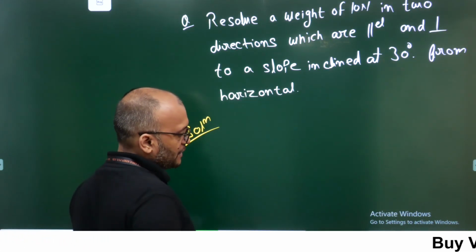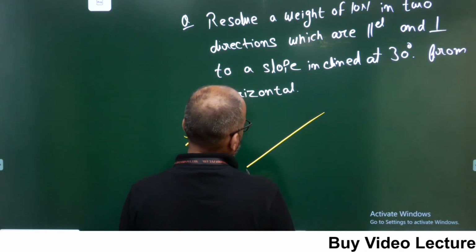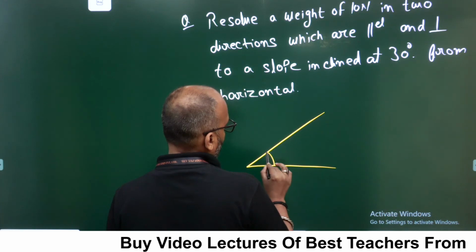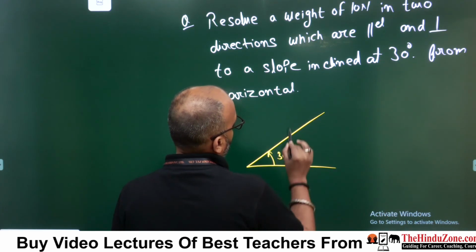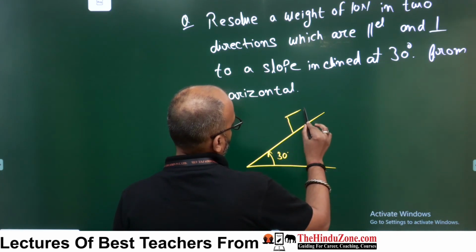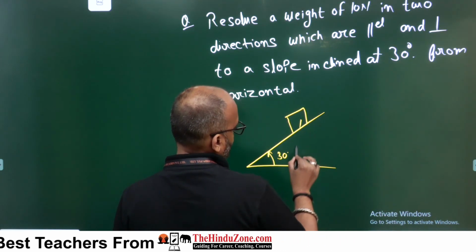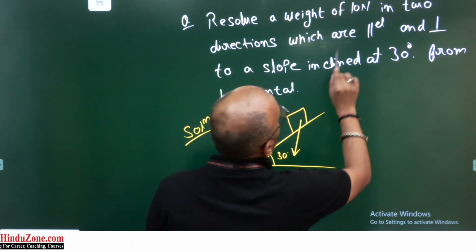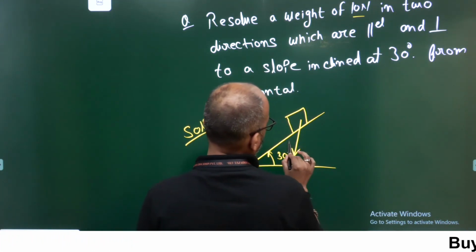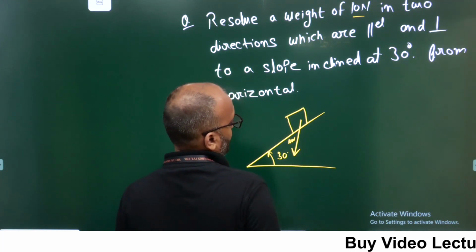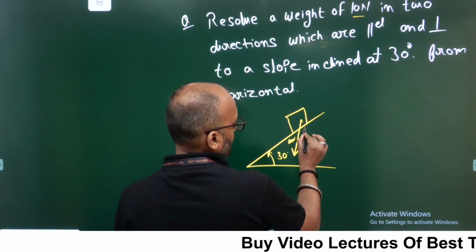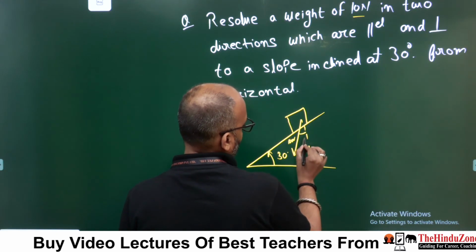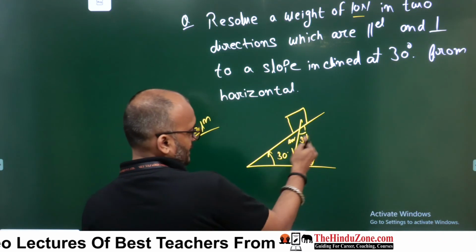Now the language is confusing, but the concept is very easy. There is some inclined plane, and this is the angle of incline, which is 30 degrees. Okay, a weight is kept here, and this weight is exerting a force like this, and this force is 10 Newton, in the downward direction. So please see, if I make this perpendicular line, the angle of the weight with the perpendicular will also be 30 degree.